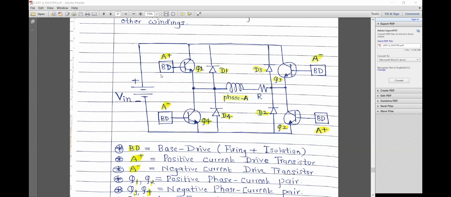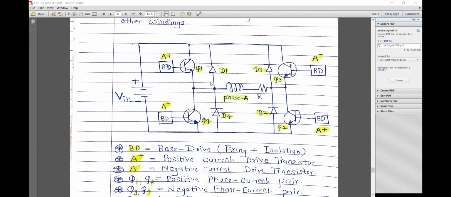If you want the stepper motor to rotate in the clockwise direction, then Q1 and Q2 are switched on. So current will flow from the left to the right end of the load. It will enter through the inductance and leave through the resistance. So the current is positive. Is it clear? Yes, sir.